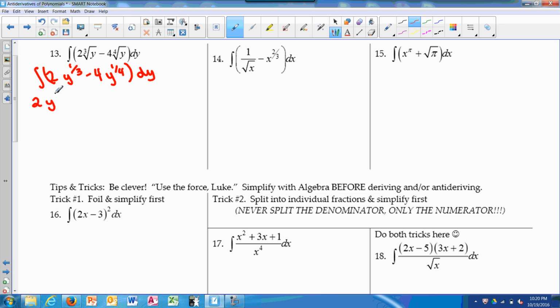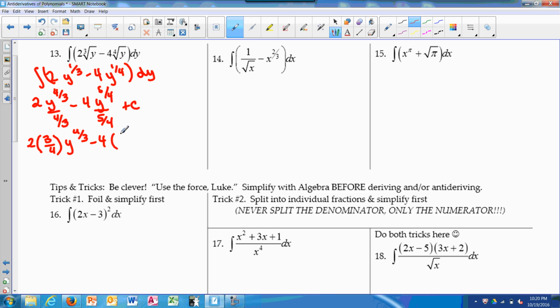So 2y, when I add 1, I get 4/3 divided by 4/3. Hold the -4, 5/4 divided by 5/4 plus c. Dividing by a fraction is multiplying by the reciprocal, so I'd be multiplying by 3/4, and I have y to the 4/3.